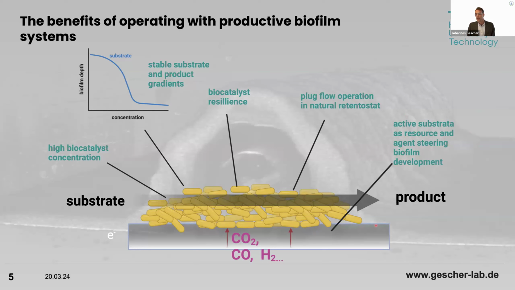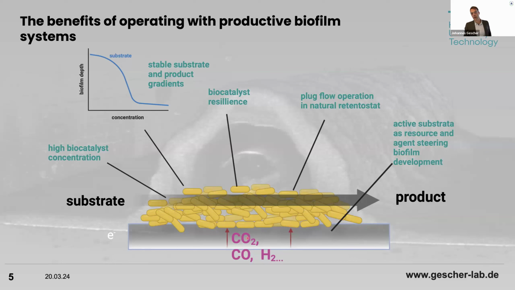What does active substratum mean? I covered it slightly already in the beginning. An active substratum is a surface on which the biofilm grows, which supplies the cells with a substrate. And this substrate can be, for instance, a gas like CO2, carbon monoxide, or hydrogen, or it can be an electrode that takes up electrons from the metabolism, or it can be a cathode that brings in electrons for the metabolism.